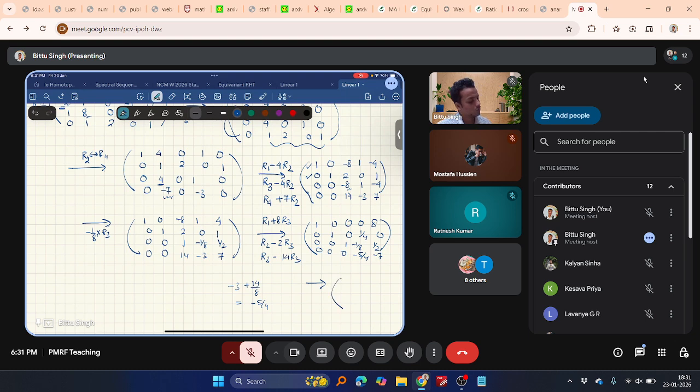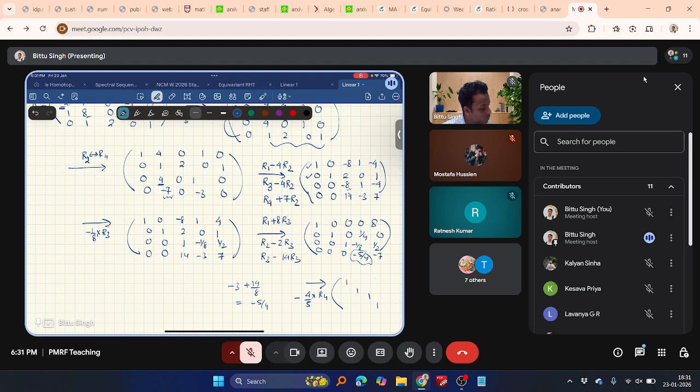What we can do, we just multiply this. First, we can multiply this with minus 4 by 5 times R4, so that the leading entry becomes 1. So then this will become 1 1 1 1, right?